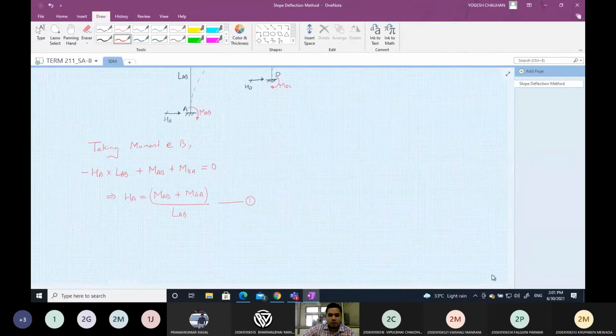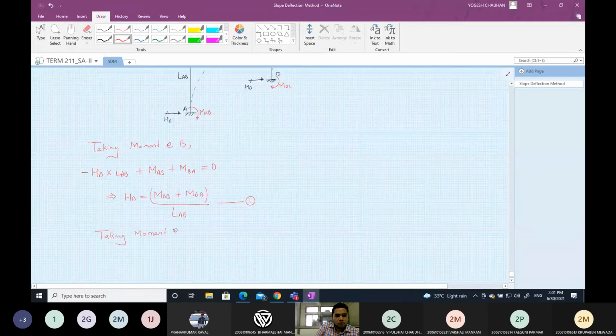Similarly, let us take moment at C. Taking moment at C, it will be minus HD into LCD plus MCD plus MDC equal to 0.